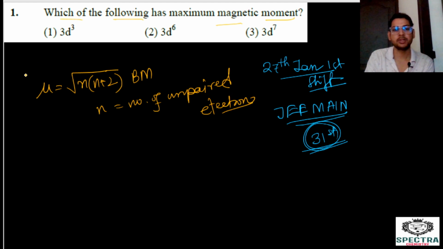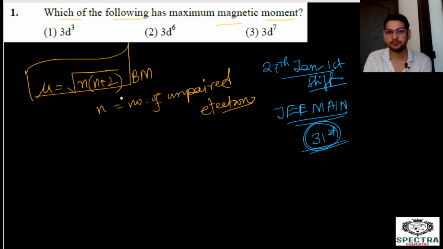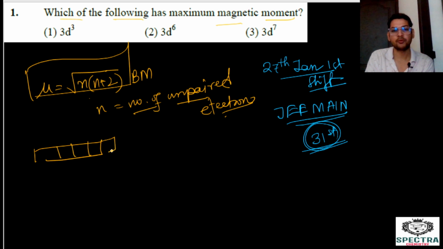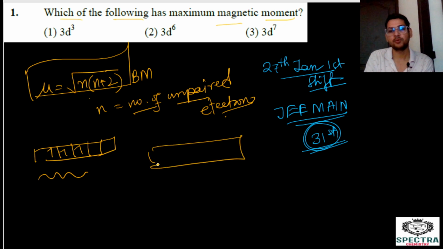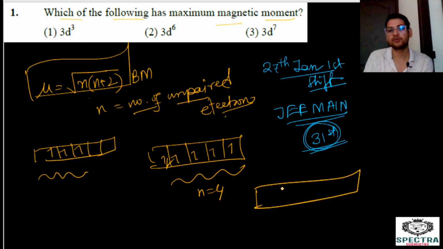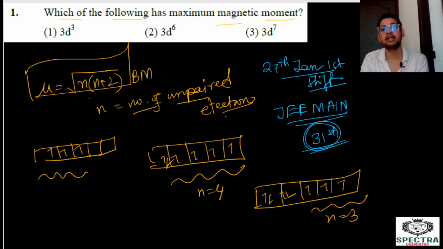N is the number of unpaired electrons. For 3d3, you put 1 2 3, that means 3 unpaired electrons. For 3d6, 1 2 3 4 5 then 6, that means 4 unpaired electrons. And for 3d7, 1 2 3 4 5 6 7, that means 3 unpaired electrons.